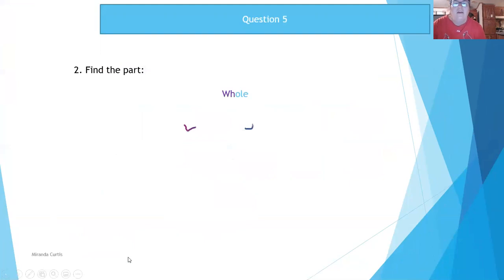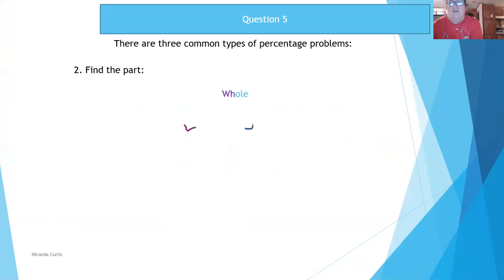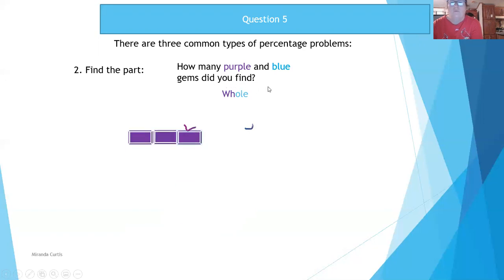Okay. Here is problem 2. It says find the part. This is also another cool one. I like the colors. So this is find the part. How many purple and blue gems did you find? So we're looking for parts.